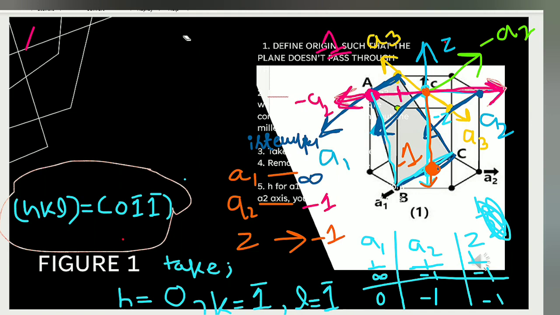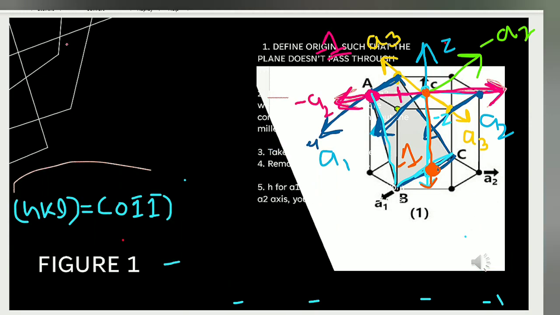Now we are finding the Miller-Bravais indices. In the case of a plane, H is for the Miller index and H prime is for the Miller-Bravais indices; I'm just differentiating them by the prime notation.